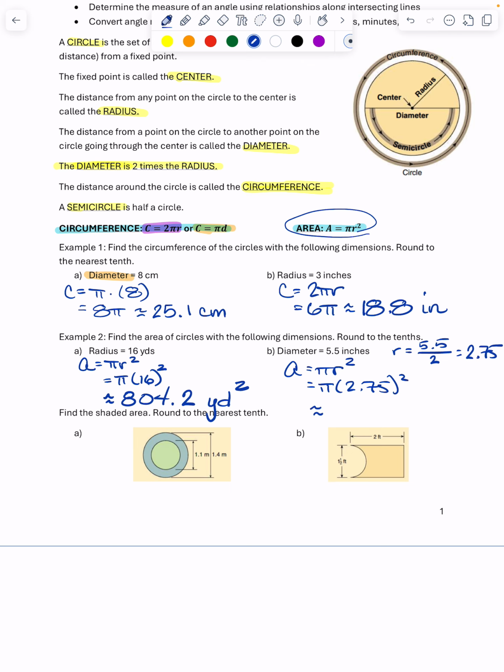So take a minute, square 2.75, and then multiply that by pi. We get 23.758 again. 23.75 to one place is 23.8. And it is an area, so inches squared.